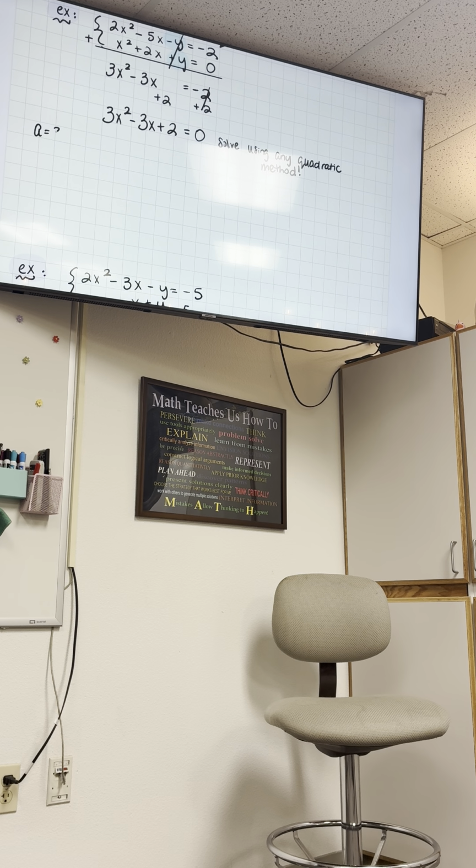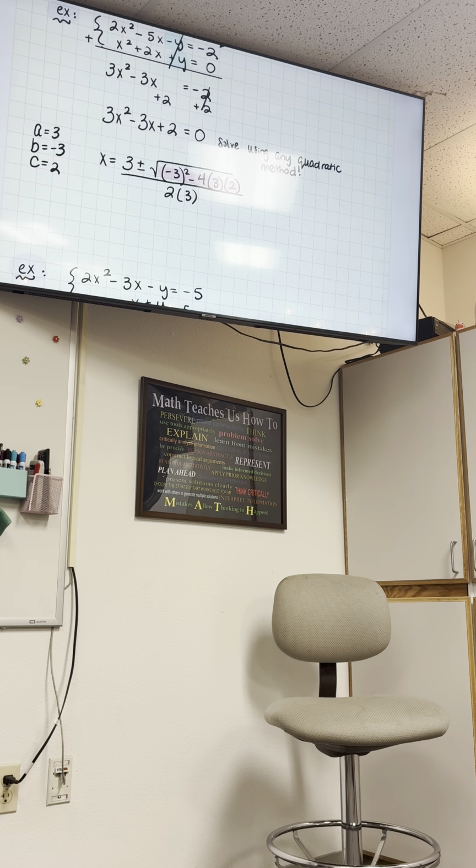So we're going to identify a is 3, b is -3, c is 2, and then x is equal to the opposite of b plus or minus the square root of b squared minus 4 times a times c, and all of that sits over 2 times a.